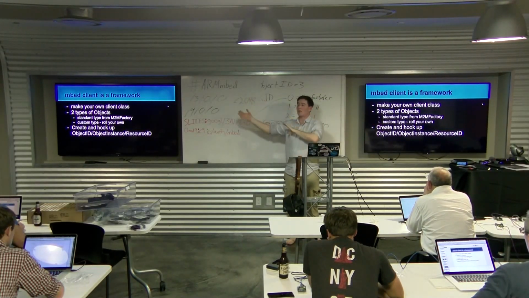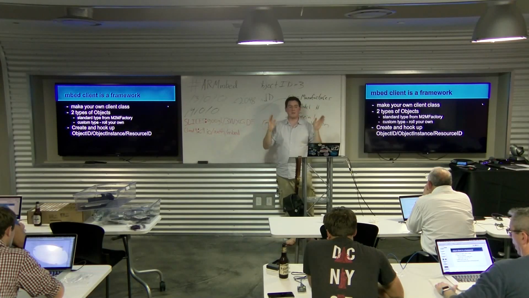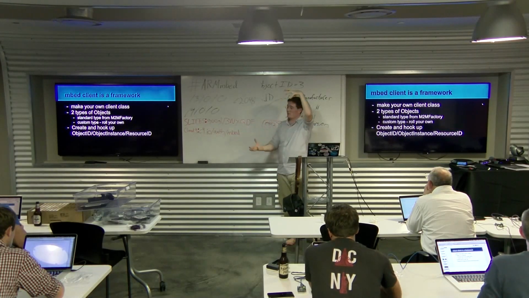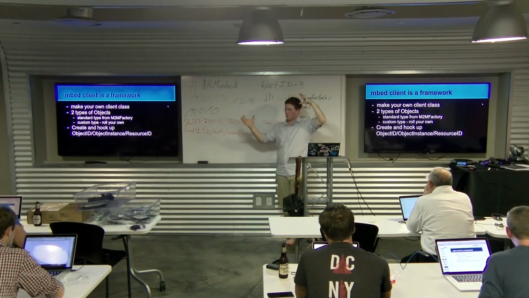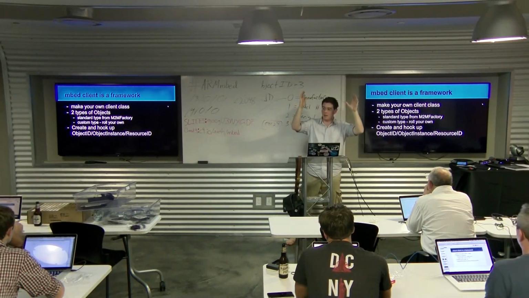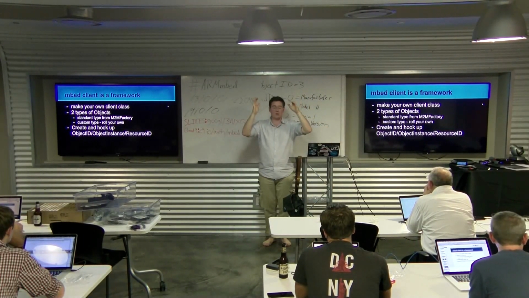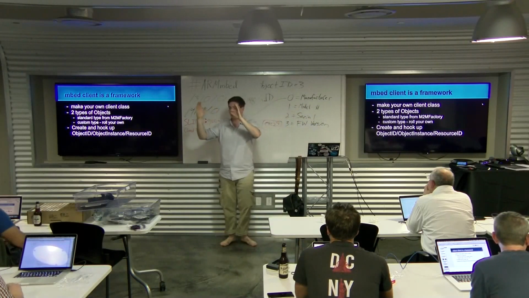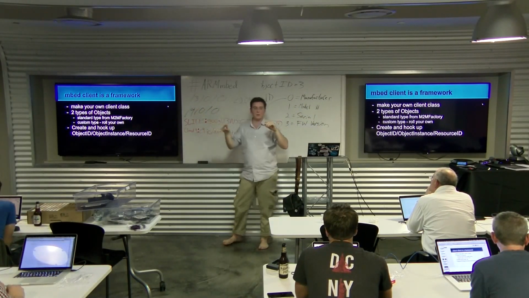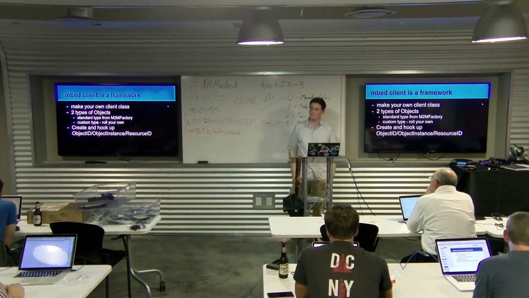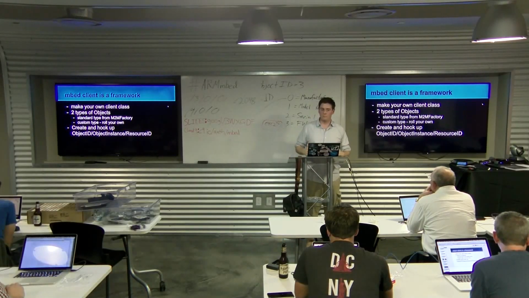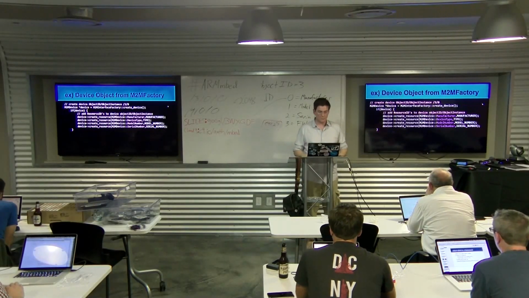Those 3 things are really important because each one is a different function call. When you want to create your own custom thing, you first create the object ID, then create the object instance, then create the resource ID. You create those 3 things, building up this object. Cool? Okay, let's get into it.